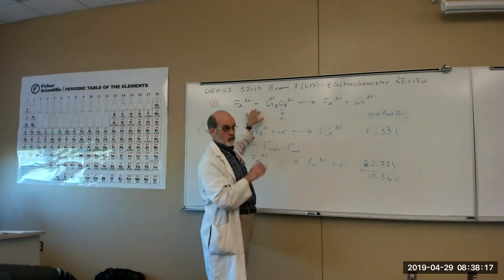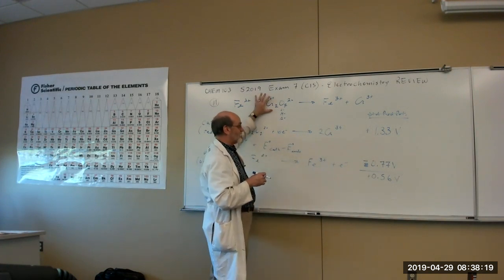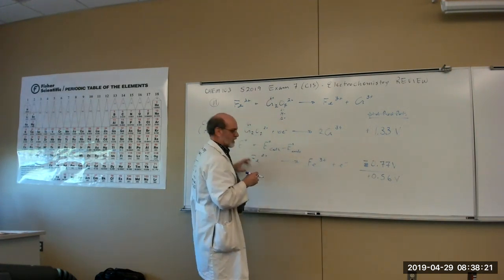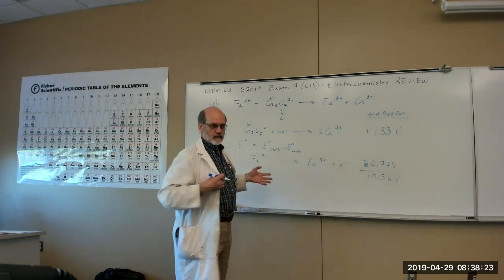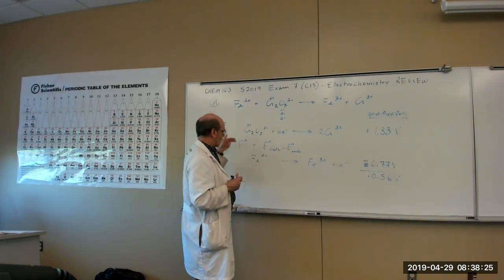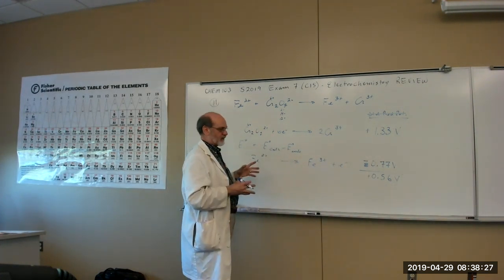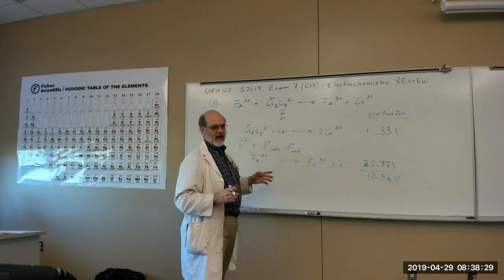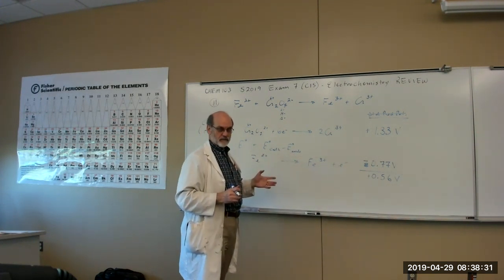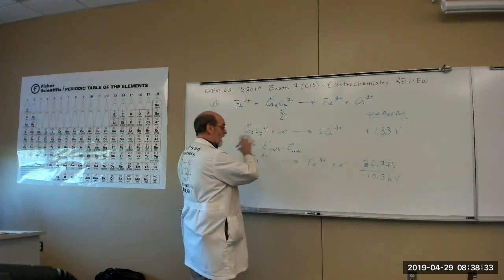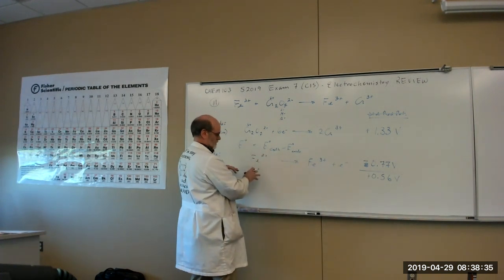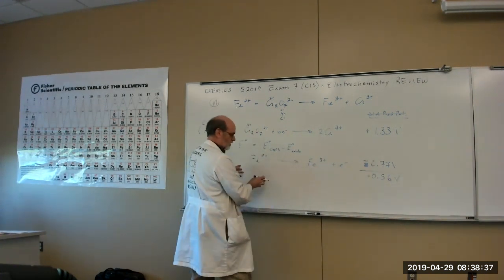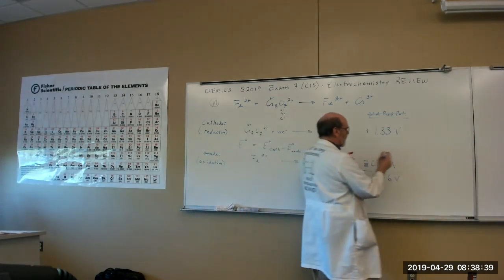This one tells you which one's which. But if you don't have that, you just have these two, say, I want to make a battery, and I want to use this half reaction and that half reaction combined. Which one is the cathode? Which one's the anode? You write out your reactions as reductions. So we write this one as a reduction. And then you would look at the values.